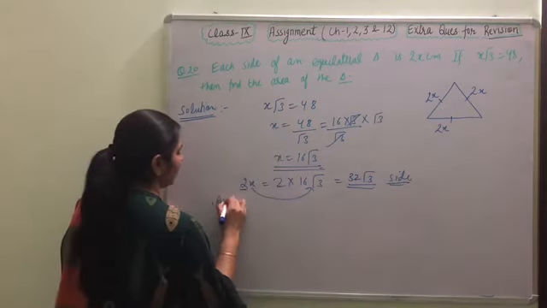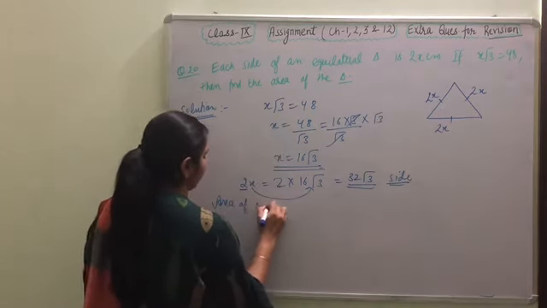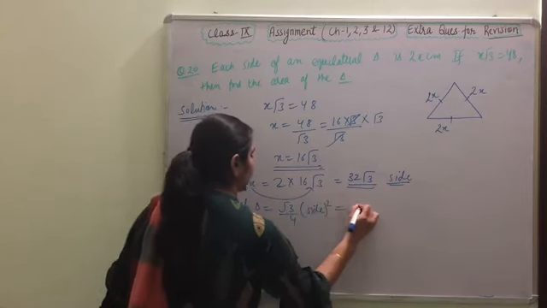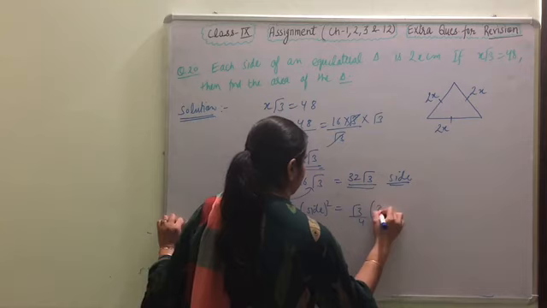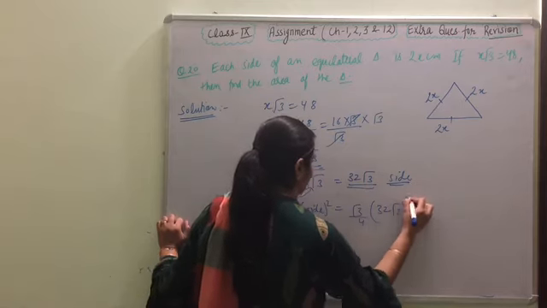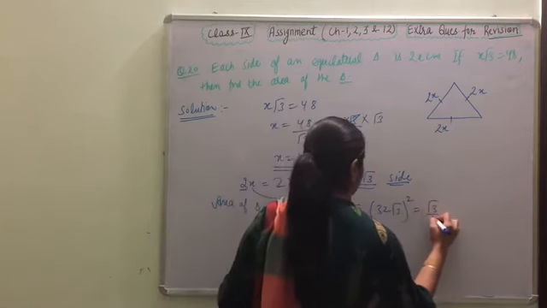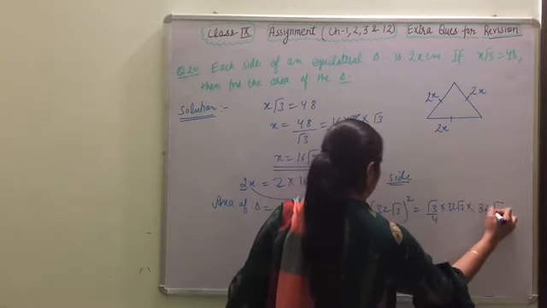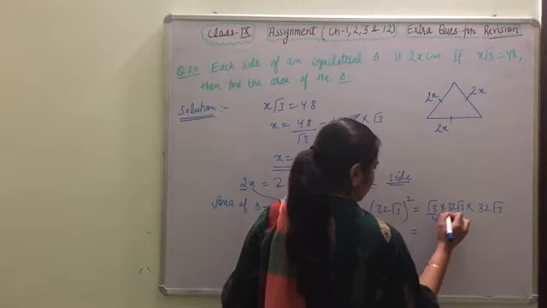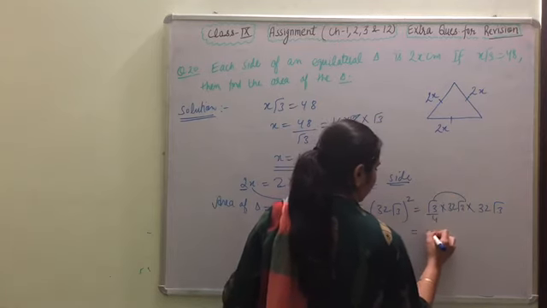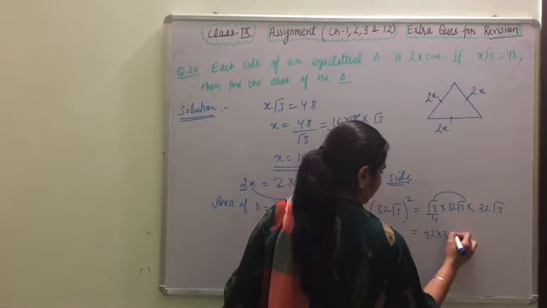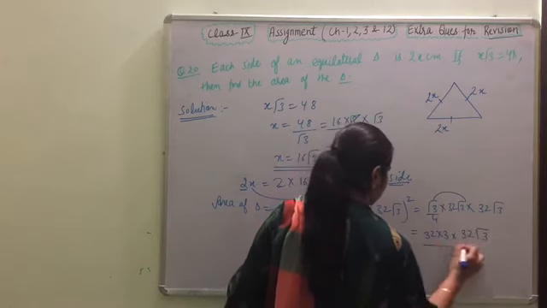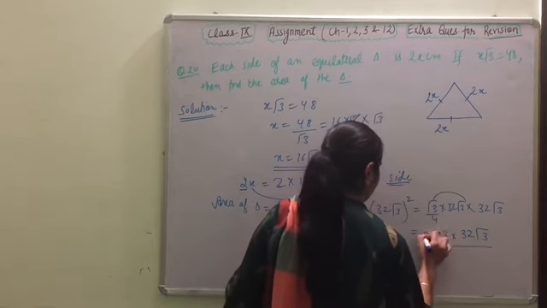Now the area of the equilateral triangle is root 3 by 4 into side square. Side is here 32 root 3 square, which is equal to root 3 by 4, 32 root 3 into 32 root 3. This root 3 into root 3 we can write as 3, and this one as it is, root 3 as it is, divided by 4.